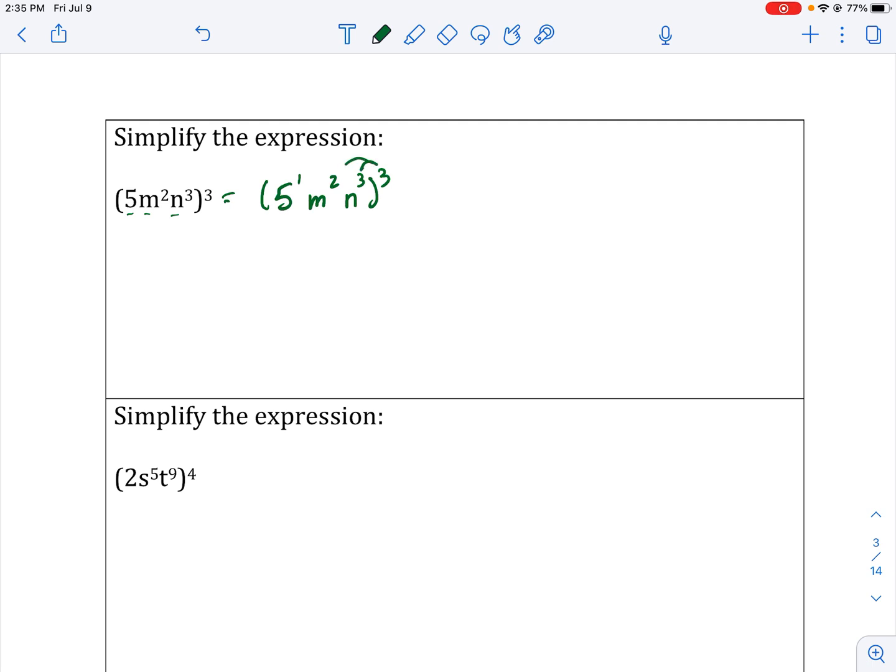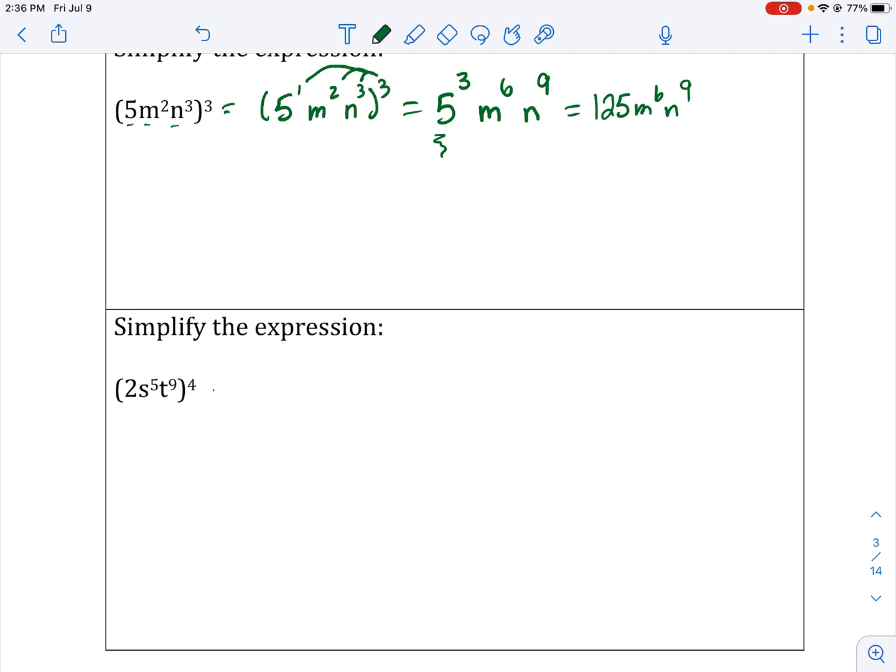And now I'm going to distribute my exponent to the other exponents only inside the parentheses. 3 times 1 is 3, so I get 5 cubed. 3 times 2 is 6, so that gives me m to the 6, and 3 times 3 is 9, so I get n to the 9th. The only thing I have left to do is simplify this 5 to the 3rd power, which is 5 times 5 times 5, which equals 125, m to the 6th, n to the 9th.